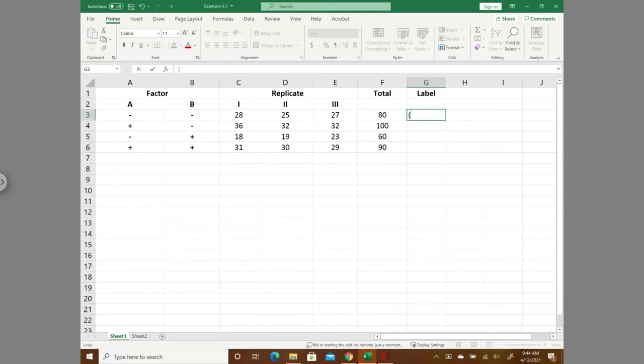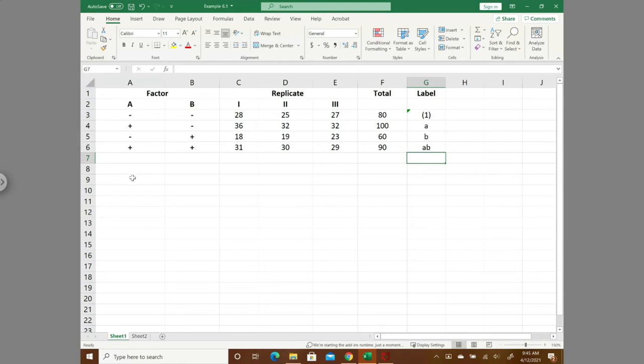Here we have the label 1 in parentheses. Here factor A is at high level and factor B is at low level, so lowercase letter a and nothing for B. Here factor B is at high level and factor A is at low level, so lowercase letter b and nothing for A. Here both factors are at high level, so we can say ab. Okay, so we got that.